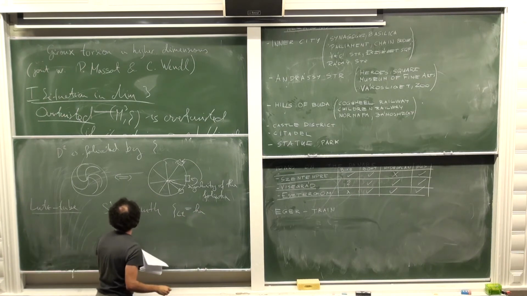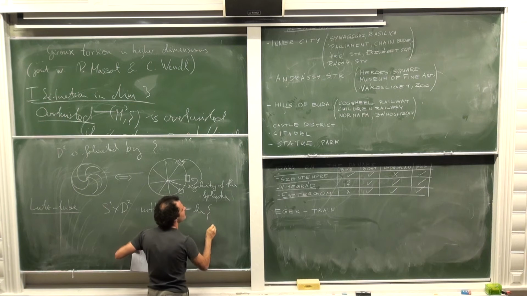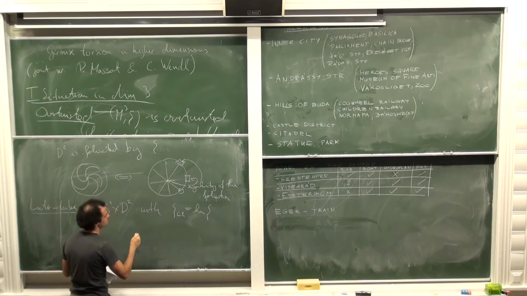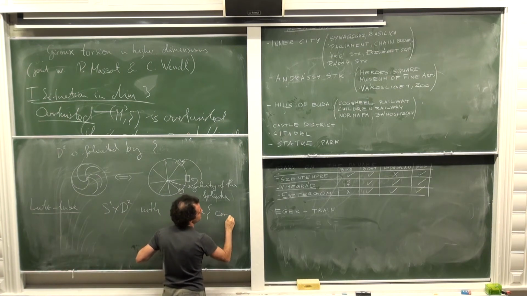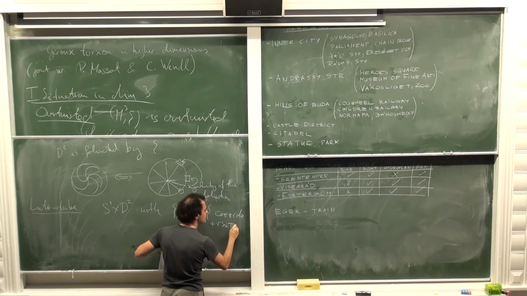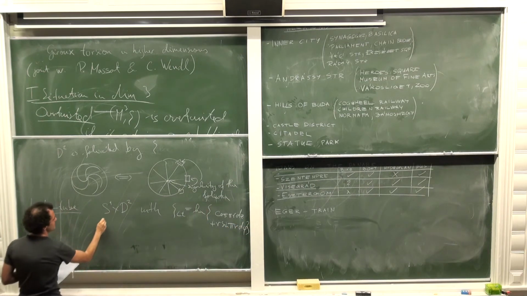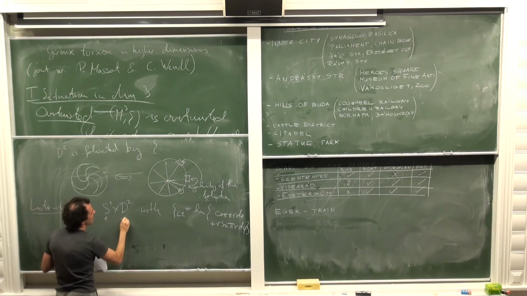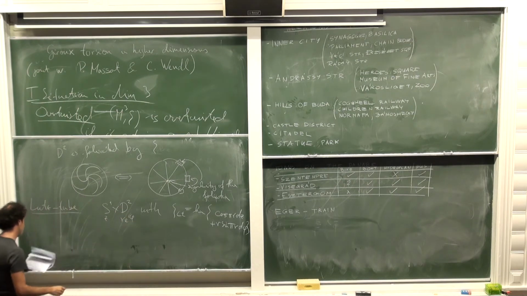This is the kernel of cosine pi r dz plus r sine pi r d phi. So this is dz here, and this is r d phi. Okay? And so it's a closed solid torus.